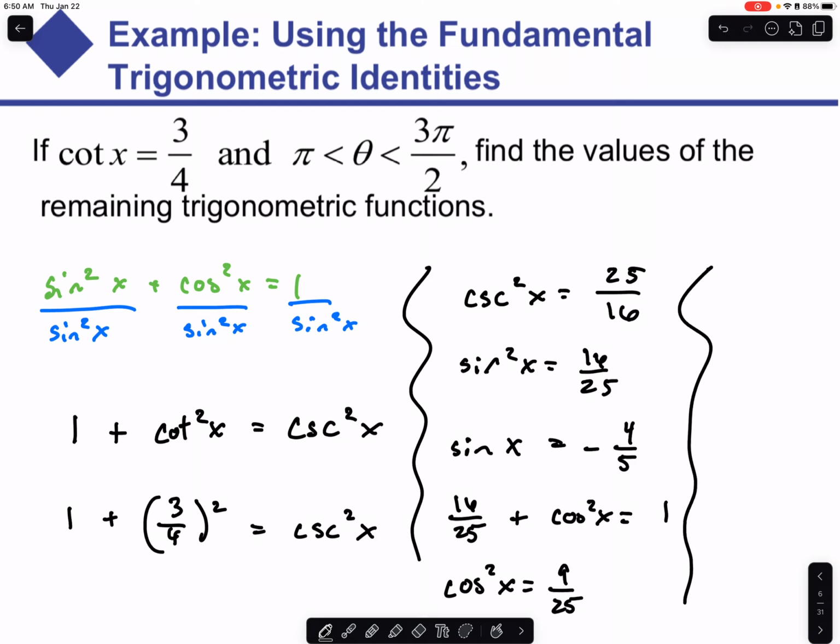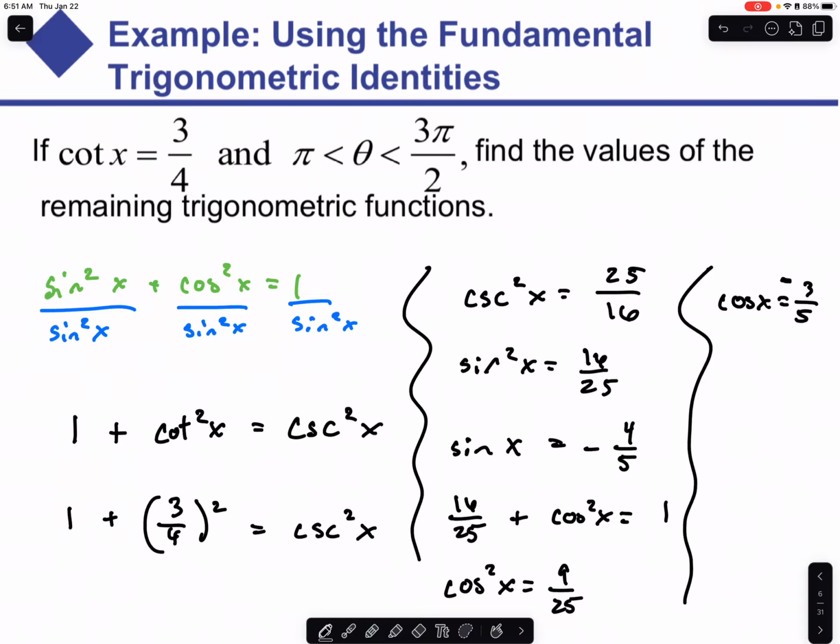I'll keep working here. So then cosine of x looks like it's 3 over 5, plus or minus. It should be minus because we're in quadrant 3. A similar argument as before.